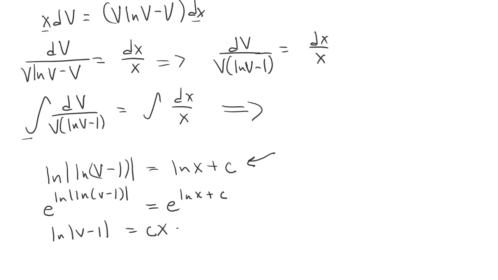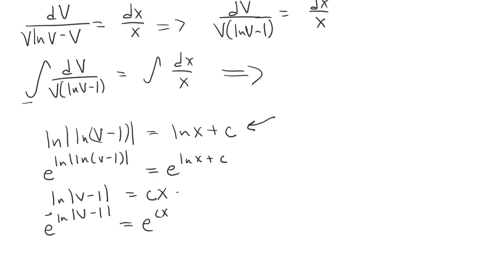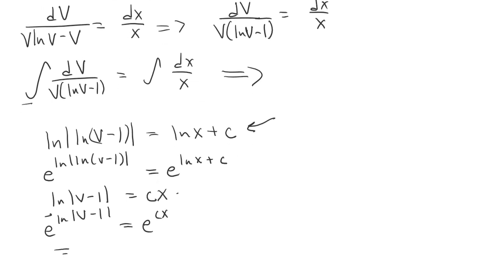Then I'm going to take e to that power again. So e to the ln of (v minus 1) equals e to the Cx. And so this implies that v minus 1 equals e to the Cx, and that gives me that v is equal to e to the Cx plus 1.